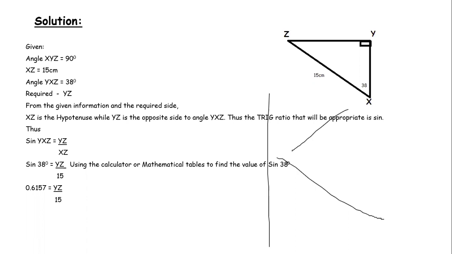So the next thing we do is we cross multiply. That is, we multiply the denominator of the right hand side with the numerator of the left hand side.